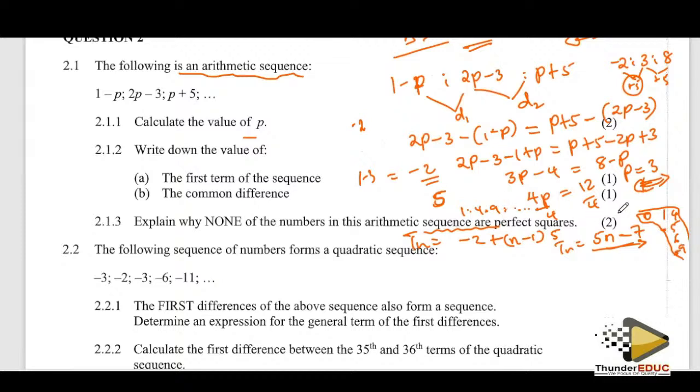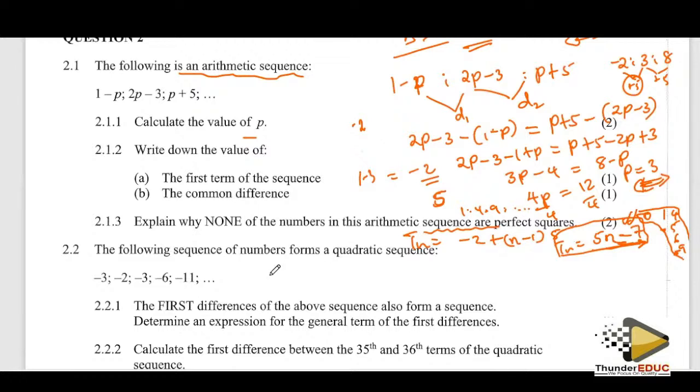So the explanation would be: first get the Tn and then tell us the effect that the -7 plays on whatever number it is. Because 5 multiplied by a number, you're dealing with the multiples of 5. Now, under the multiples of 5, we know the only perfect squares there end in 0 or 5. But if you're reducing it again by 7, then you can't get any perfect squares.